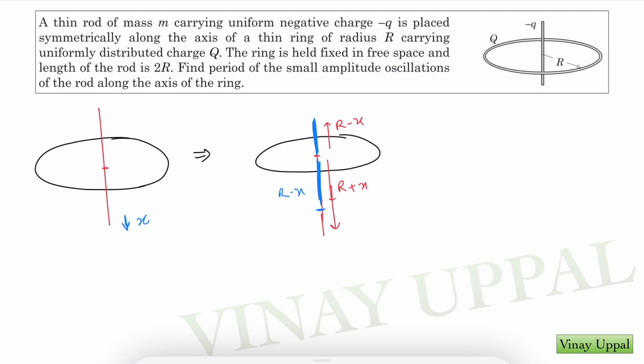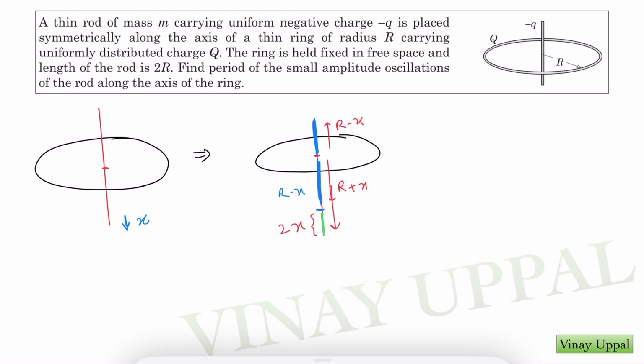So the net force will cancel out on these two blue sections. What we will remain with is this section of length 2x. So this green portion is the portion on which the force will become the net force on the entire rod. So now it's pretty straightforward.